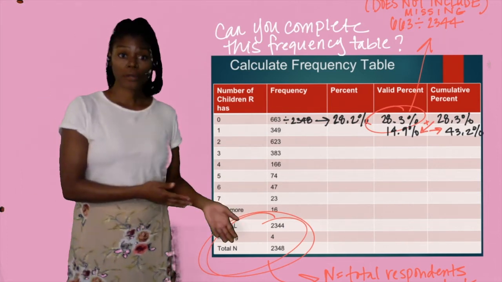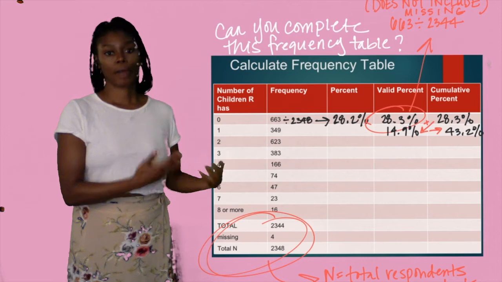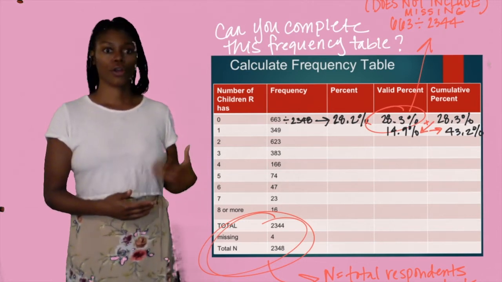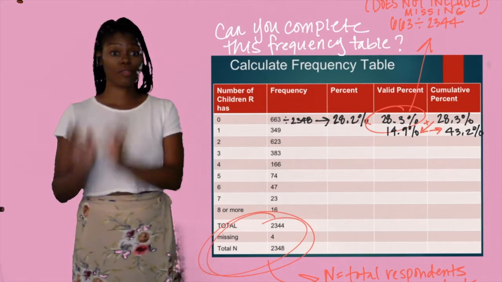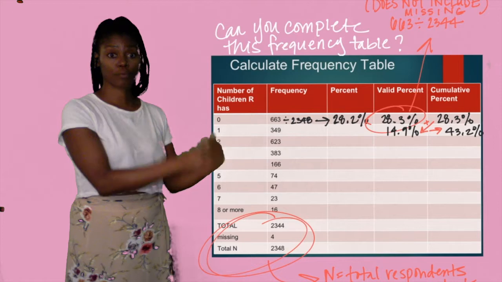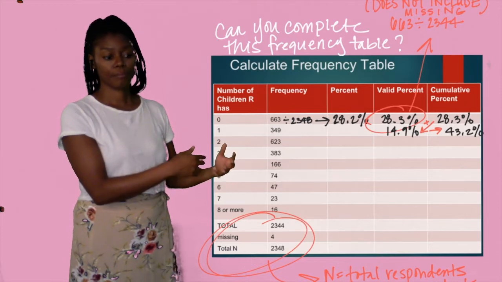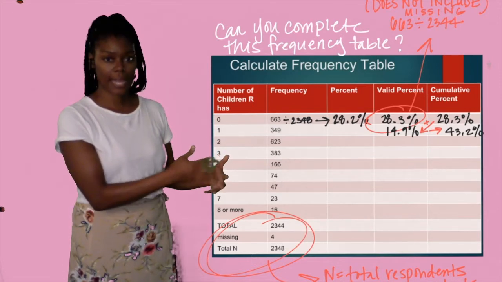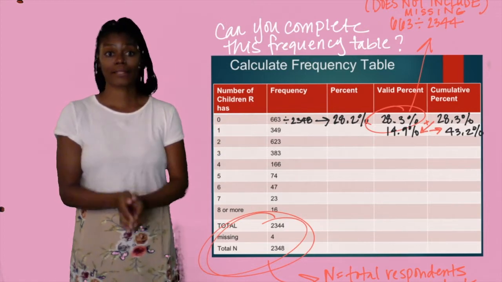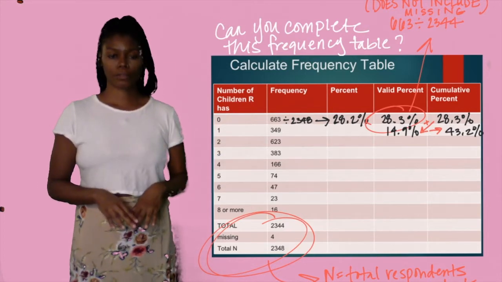Even with those categories, some participants may simply choose not to answer the question at all. And those get put together with these pre-created don't want to answer categories, and together we refer to them as missing values.